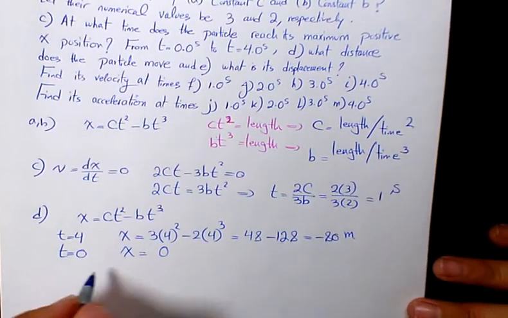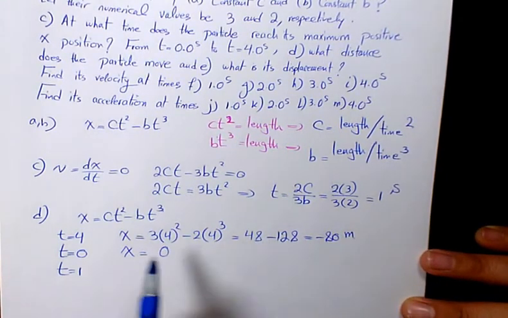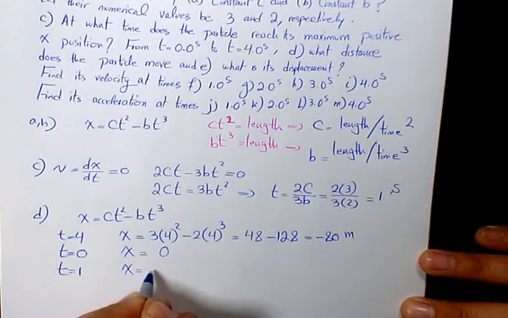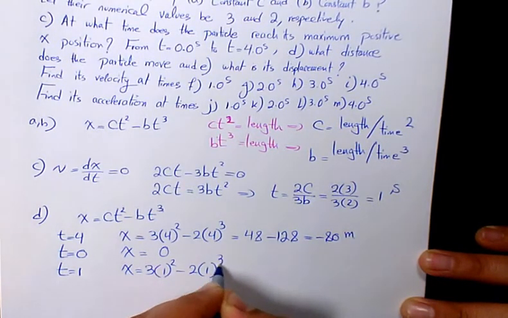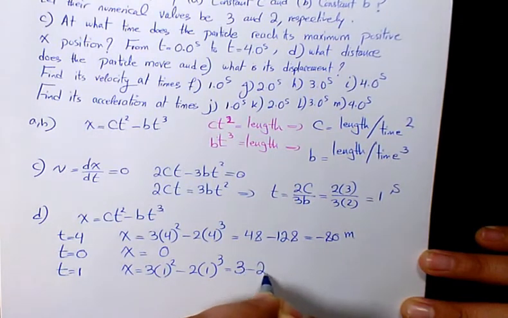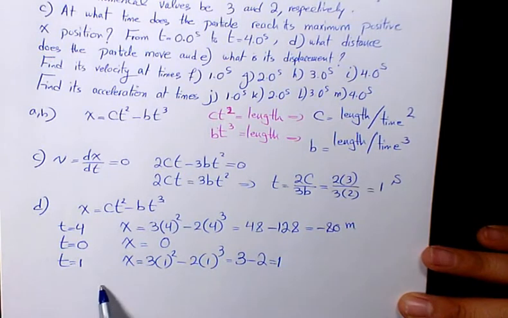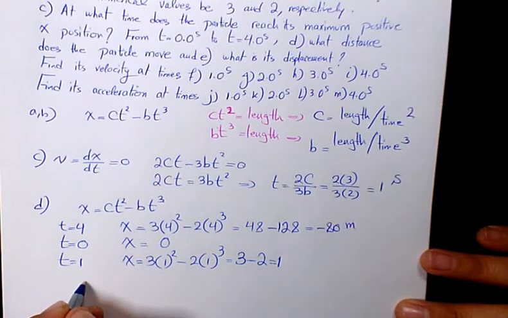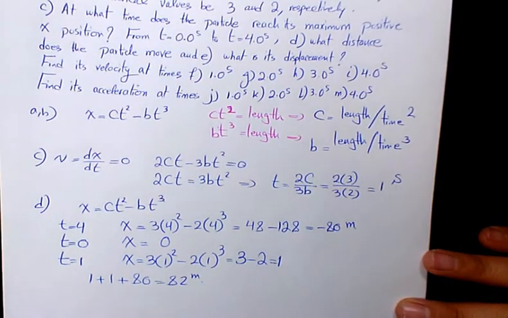And we know at time equals 1, it reaches the maximum. So we have x equals 3 times 1 squared minus 2 times 1 cubed, which is 3 minus 2, and it equals 1. So it moves from 0 to 1, and then from 1 to negative 80. So the total path length is going to be 1 plus 1 plus 80, which is 82 meters.